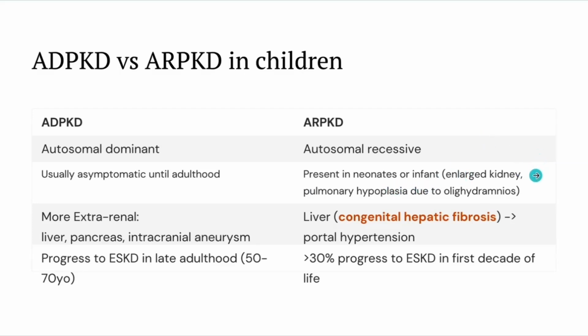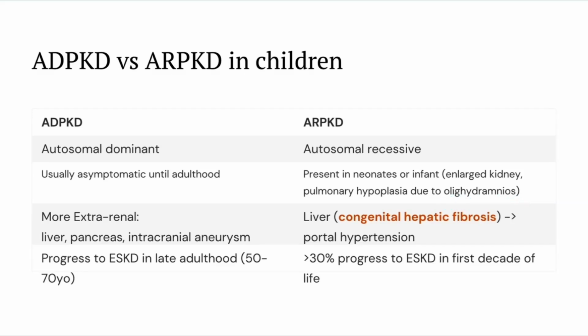Sometimes, when you do the antenatal ultrasound for the fetus, when the baby is still in the mommy's uterus, you can know they have enlarged kidneys. The amniotic fluid is actually the urine of the fetus. So if you have a kidney problem, sometimes they do not produce enough amniotic fluid, leading to a condition we call oligohydramnios.